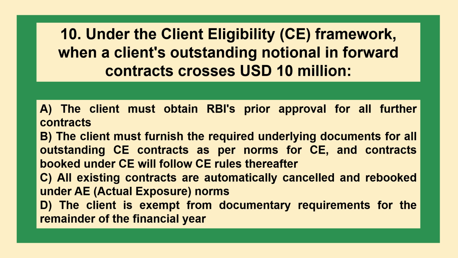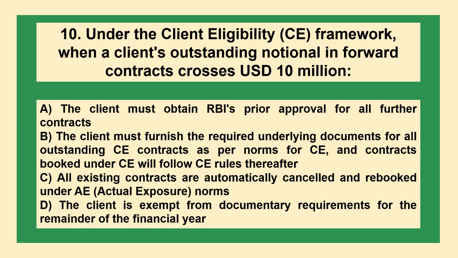Under the client eligibility, CE, framework, when a client's outstanding notional in a forward contract crosses USD 10 million: A, the client must obtain RBI's prior approval for all further contracts. B, the client must furnish the required underlying documents for all outstanding CE contracts as per norms for CE, and contracts booked under CE will follow CE rules thereafter. C, all existing contracts are automatically cancelled and rebooked under AE, actual exposure, norms.